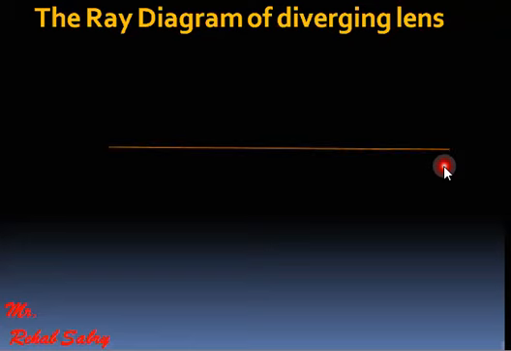In the midpoint, we will make a vertical line that represents the lens. It's diverging, so we will make it as follows. Sometimes they make it like this. This is the symbol of diverging or concave lens. But we are not interested in this.